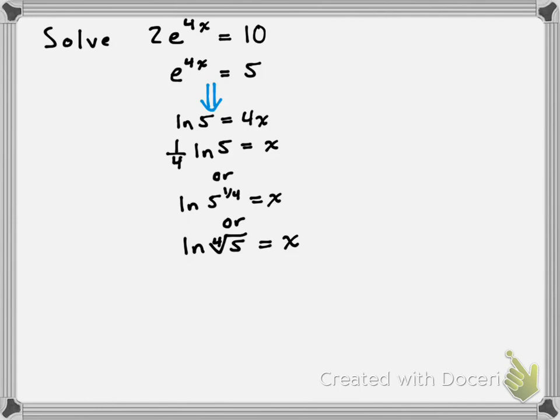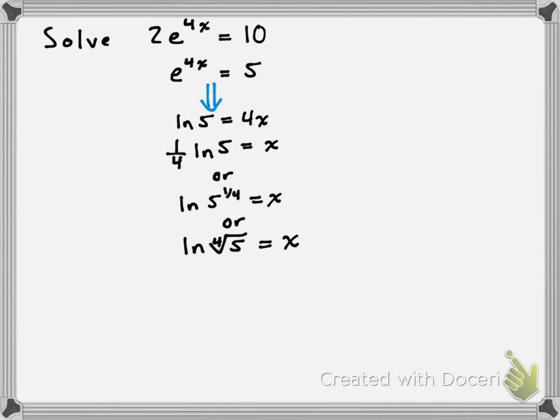Now, all three of these last lines here are perfectly good exact form solutions for x. They're all great. Okay, well, what if you wanted to come up with an approximate solution? Well, if you look at any scientific calculator, you're going to see a button close to the logarithm button, and also near that button that has e to the power of x on it, and it should have ln, the natural logarithm.